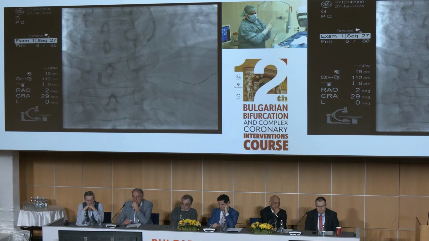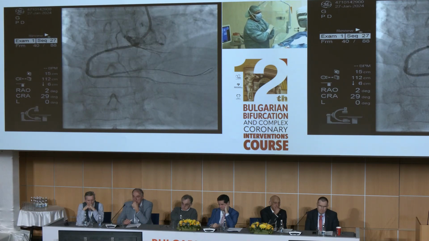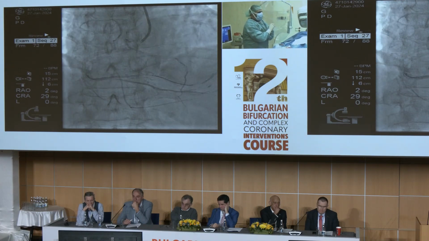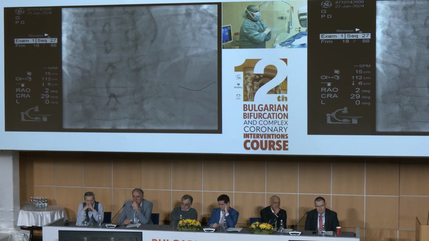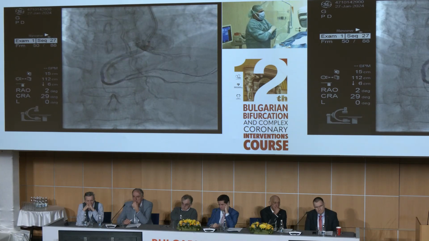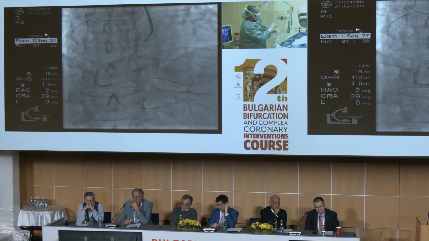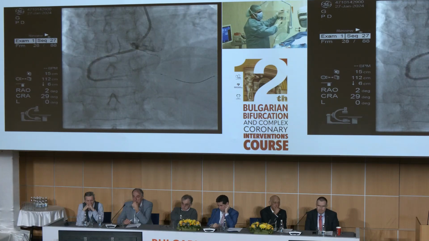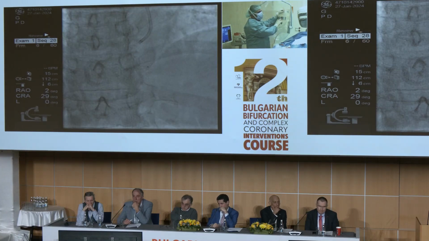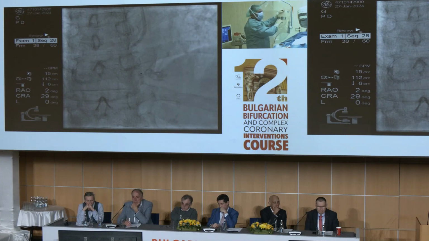The patient has a chronic renal insufficiency, so we have to save some contrast. So we finished the procedure with a coil, and we aborted the rest of the procedure because of the contrast and also because of the opportunity, I think.